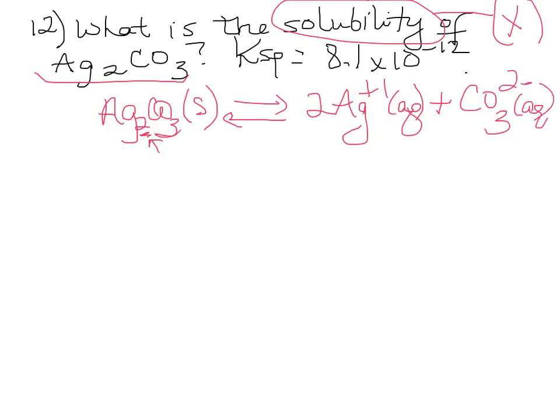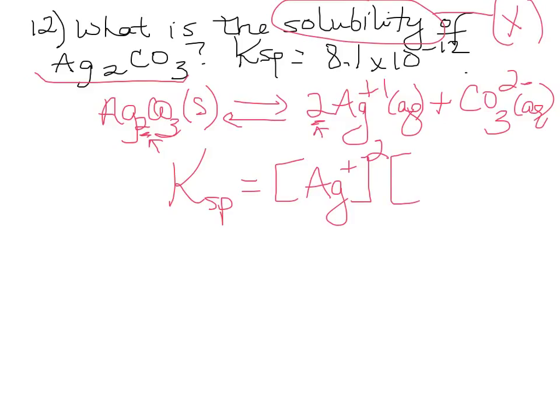The Ksp expression would be, let's see, concentration of the silver ion squared, because there's a 2 coefficient in front of the silver, times concentration of the carbonate ion.